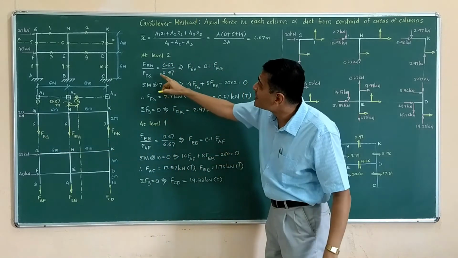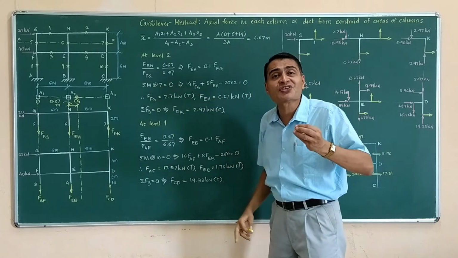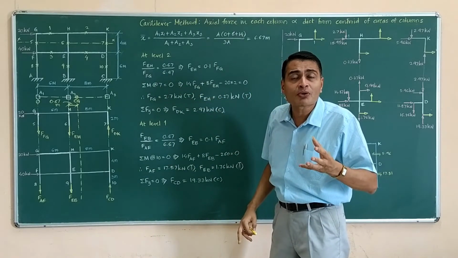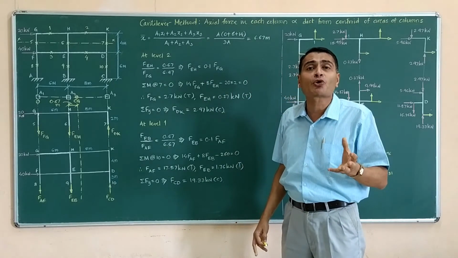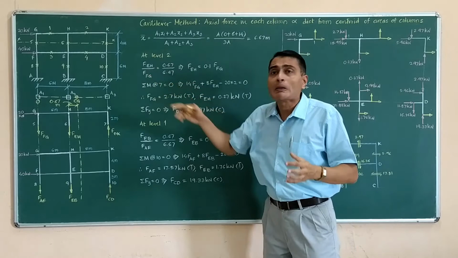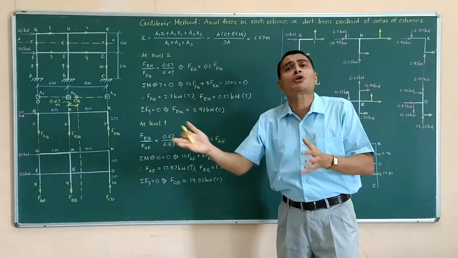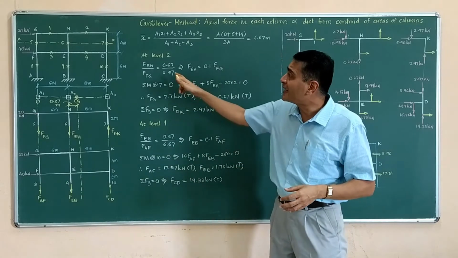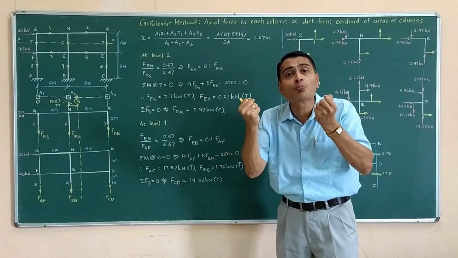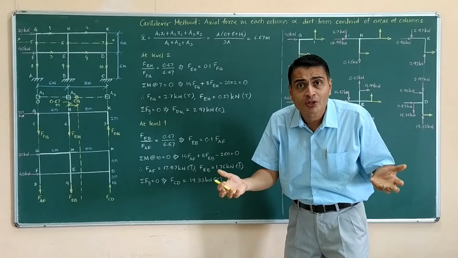So just see that you understand this particular expression, because this is the beginning of our cantilever method, or I should say this is the key factor, most important. This part makes the method different from the portal method. In the portal method we have an assumption about shear force; in the cantilever method we have an assumption about axial force.